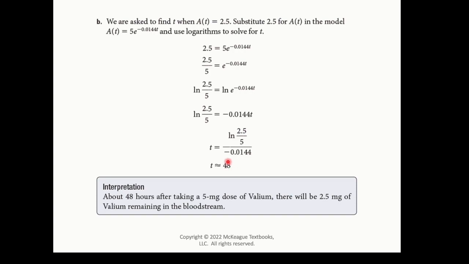And then in the next 48 hours, it would be cut in half again. So I would take 2.5, and in 48 hours, it would be 1.25, because you're going to keep cutting the dosage of what's left in the bloodstream by half every 48 hours. Although that doesn't mention it here, I wanted to point that out.